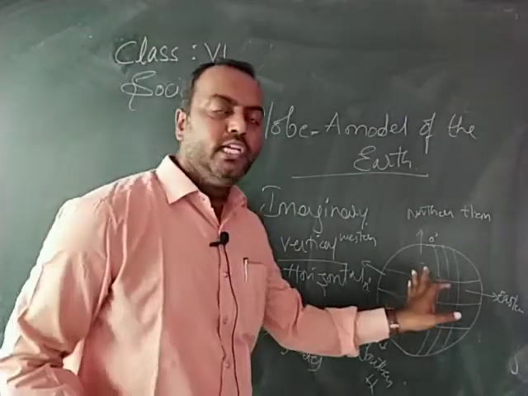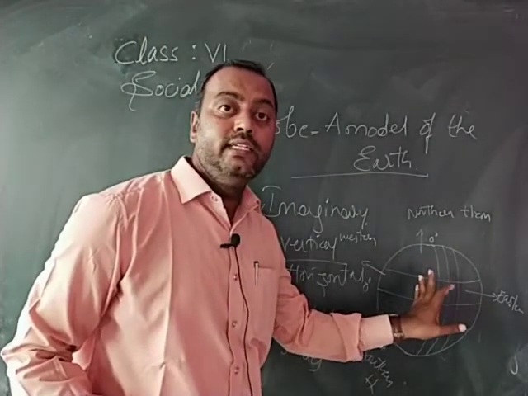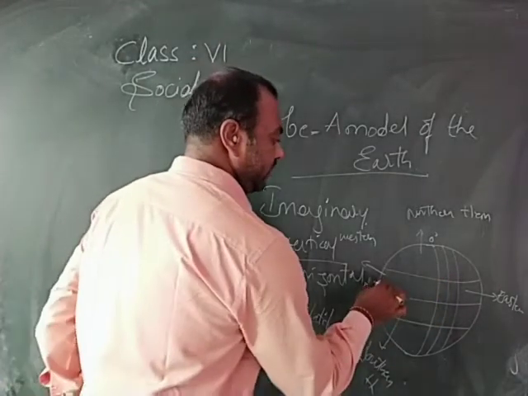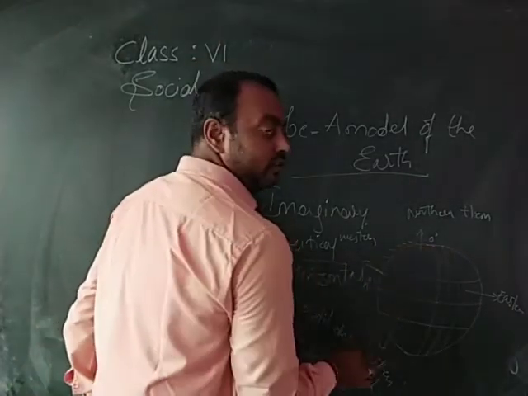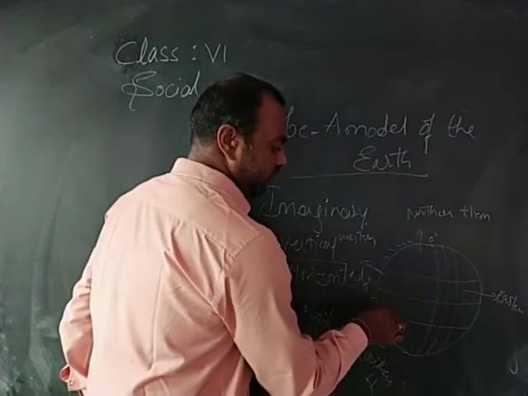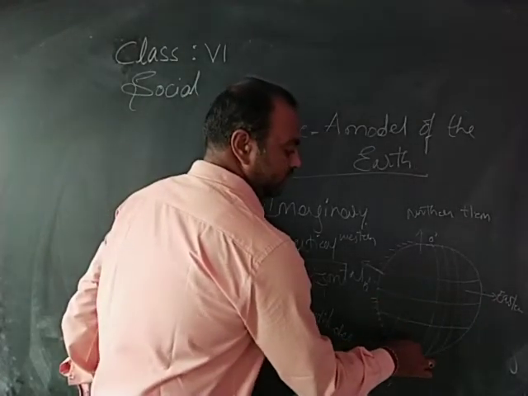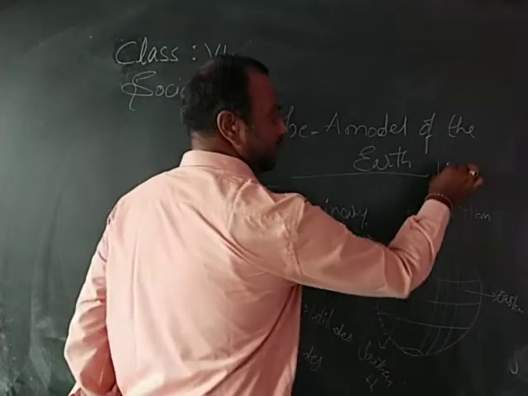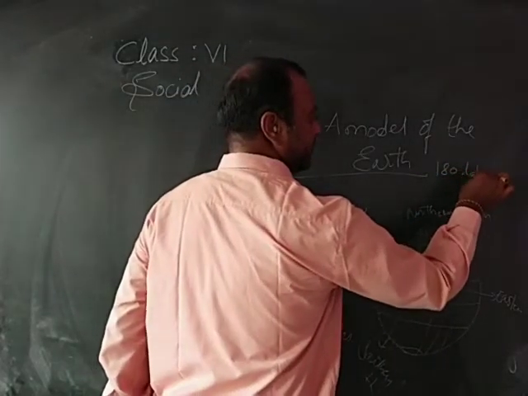Now coming to how many latitudes are present on the globe. Children, in each hemisphere there are 90 latitudes present. From 0 there are 90 latitudes in the northern hemisphere, and from 0 there are 90 latitudes in the southern hemisphere. So both put together, there are 180 latitudes on the earth.